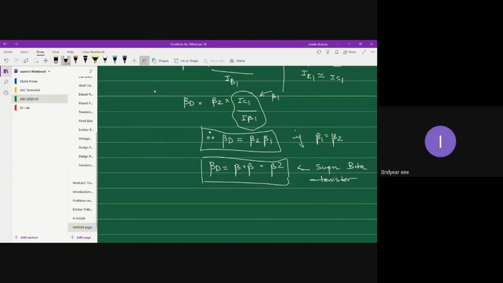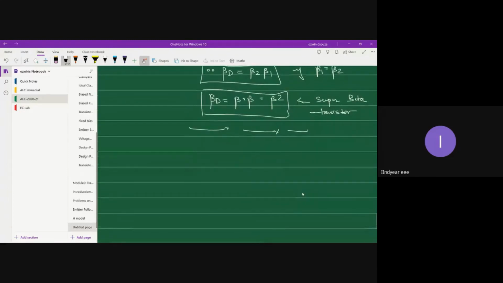Super beta transistor. So that being said, you can take up the Darlington emitter follower. I'm left with 5 minutes here, so let me quickly draw the DC bias Darlington circuit.